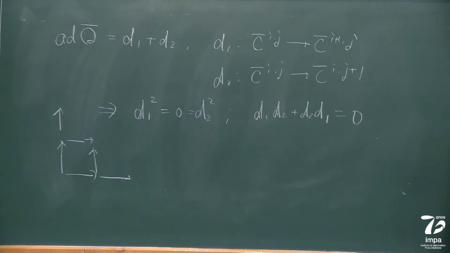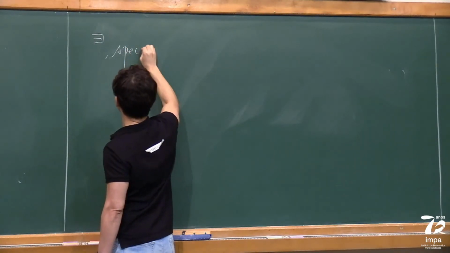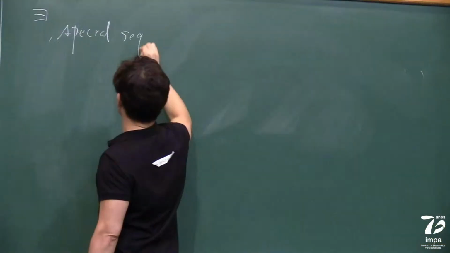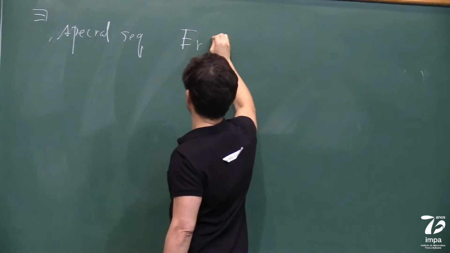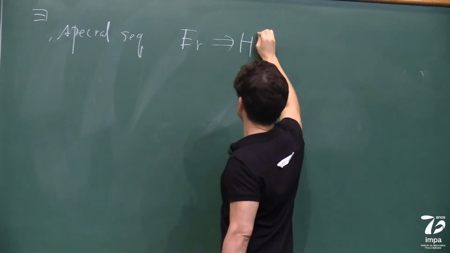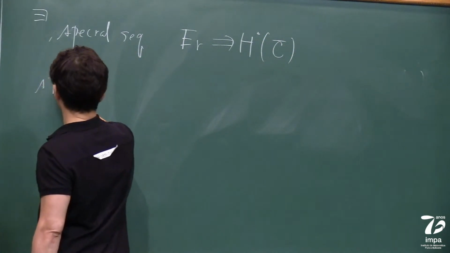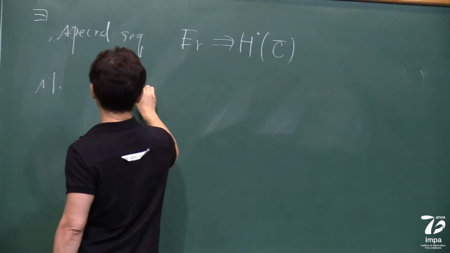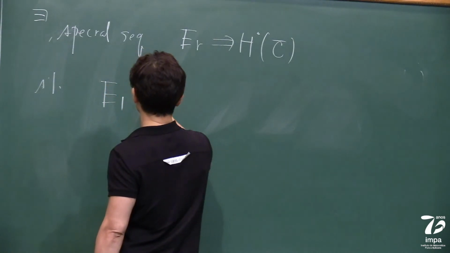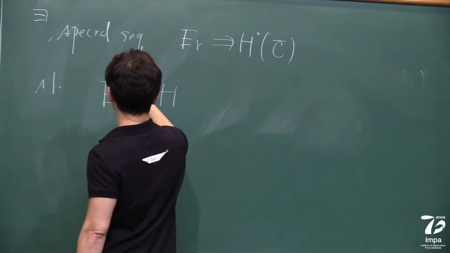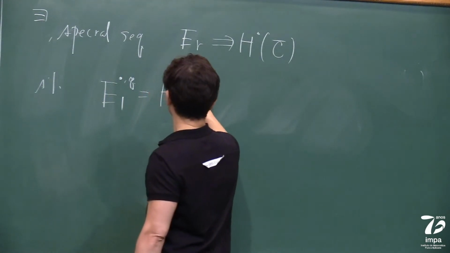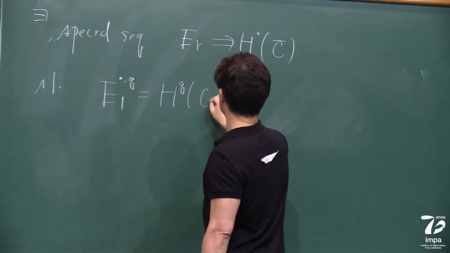So there exists a spectral sequence which converges to this cohomology, such that the first term is a cohomology with respect to d1.